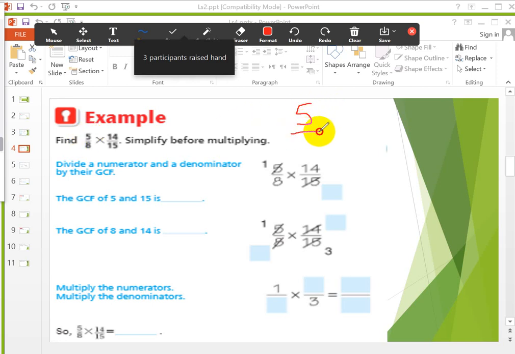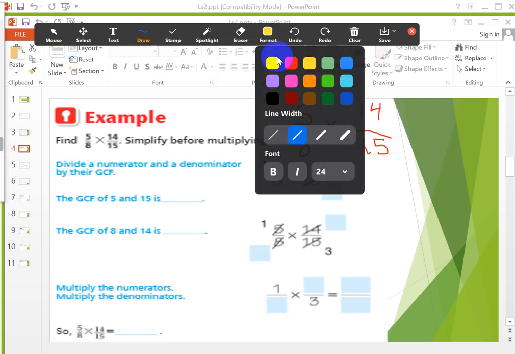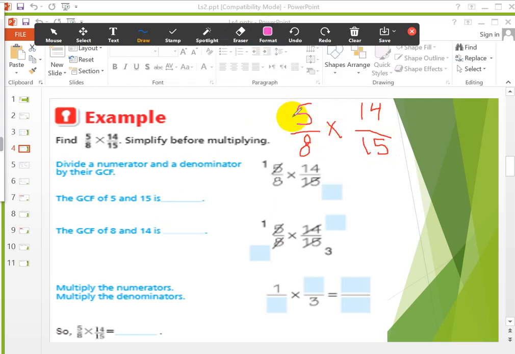5 over 8 multiply 14 over 15. Both numbers are able to divide on what? Able to divide on 5. So I can divide both numbers on 5. If you divide this number on 5, it will be what?